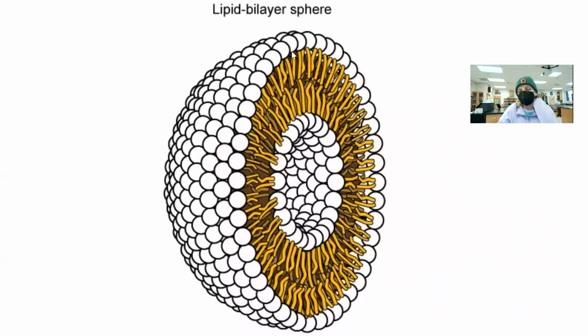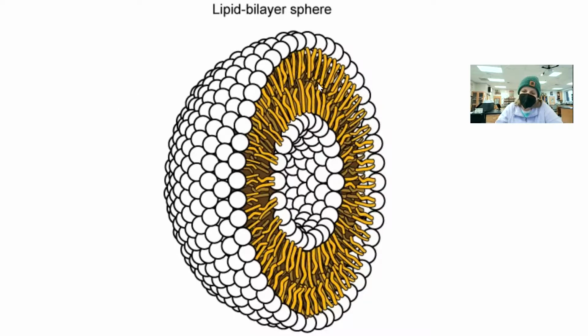These form a lipid bilayer sphere. In class, I used the paper analogy. When we get a collection of these phospholipids, the phospholipid heads interact with each other and the watery environment out here.